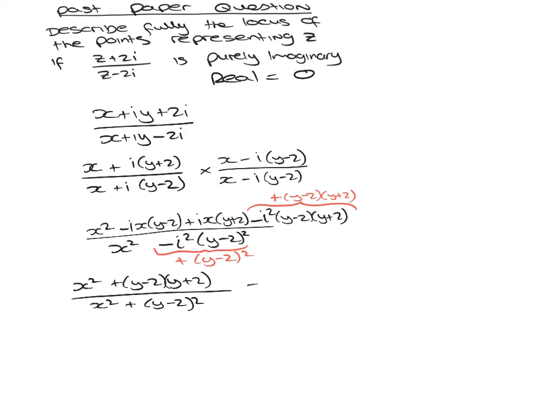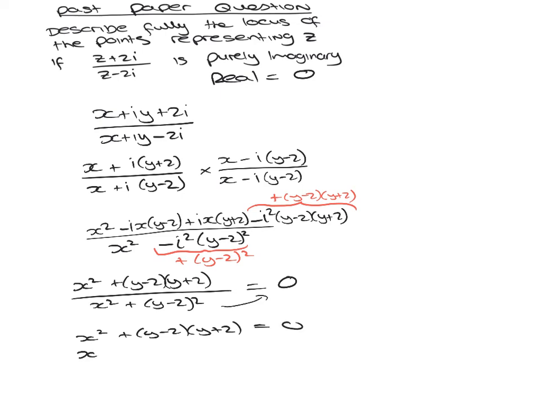And we know that the real part is equal to 0 because it's purely imaginary, which means there's no real part. If we bring the denominator up and multiply, that's going to become 0. So you end up with x squared plus (y minus 2)(y plus 2) equals 0.